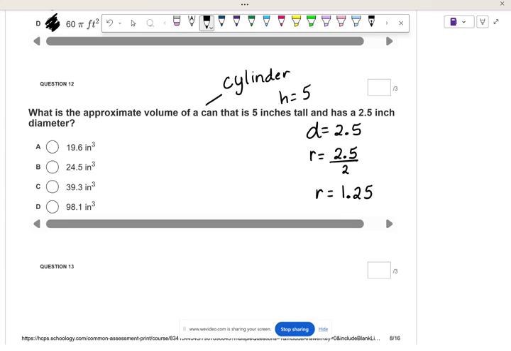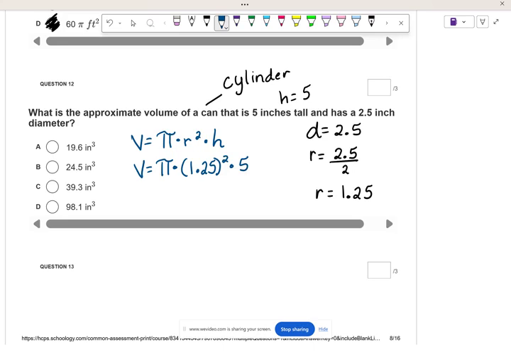The volume for a cylinder is pi r squared h. All right, so let's substitute our values. Our radius is 1.25, and the formula says we have to square it. Our height was 5.